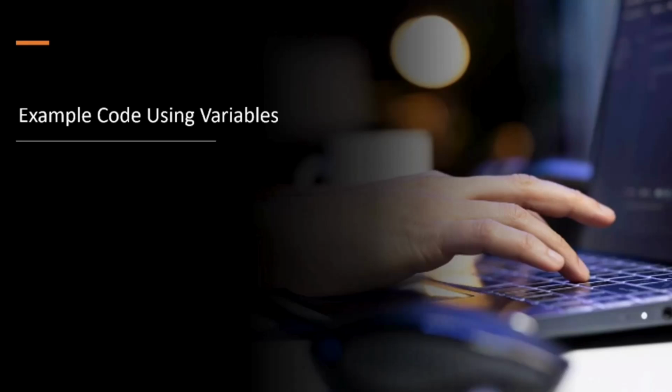Now, let's bring everything together with a real world coding example. This time, we'll create a simple program that calculates the total cost of items in a shopping cart. We'll use variables to store item names, their quantities, and their prices.